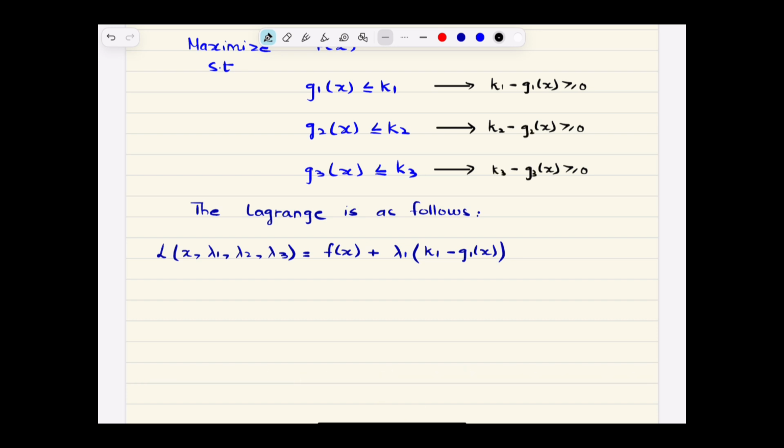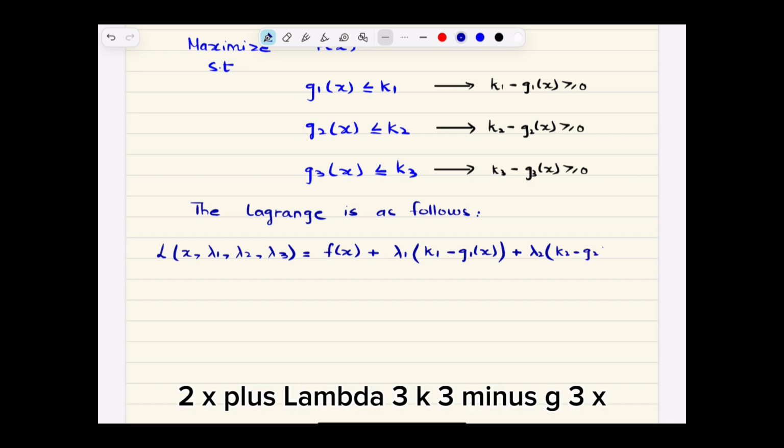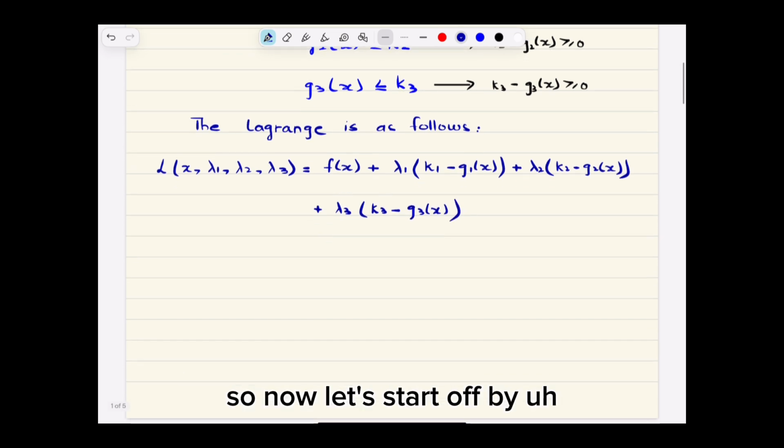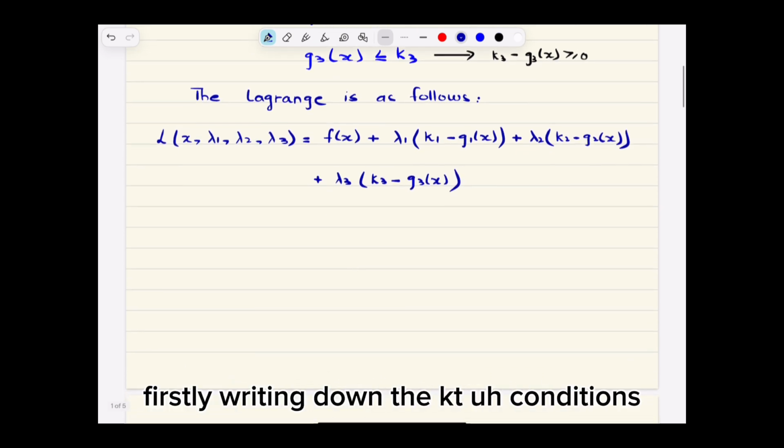Then I have plus lambda 2 times (k2 minus g2(x)) plus lambda 3 times (k3 minus g3(x)). So now let's start off by writing down the KT conditions.